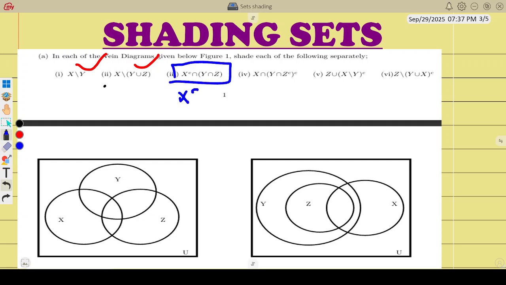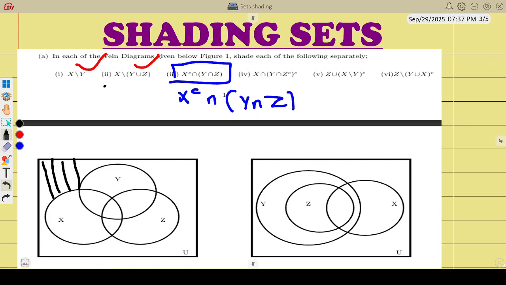We have x intersection y intersection z. Okay, so for this one, be patient, don't rush. Let us shade x complement. X complement simply means the things which are outside of x.